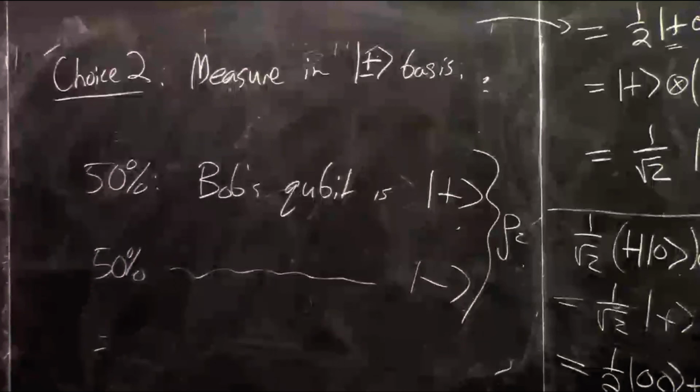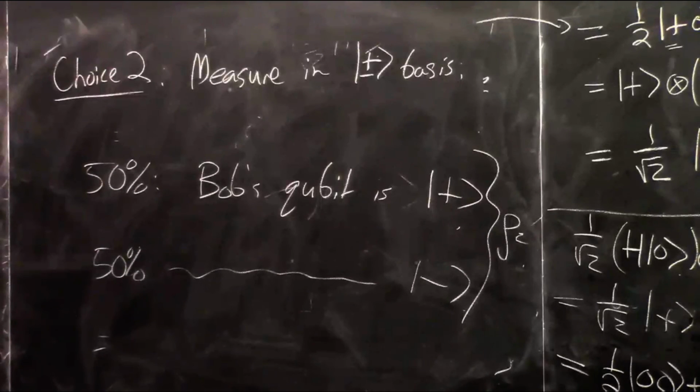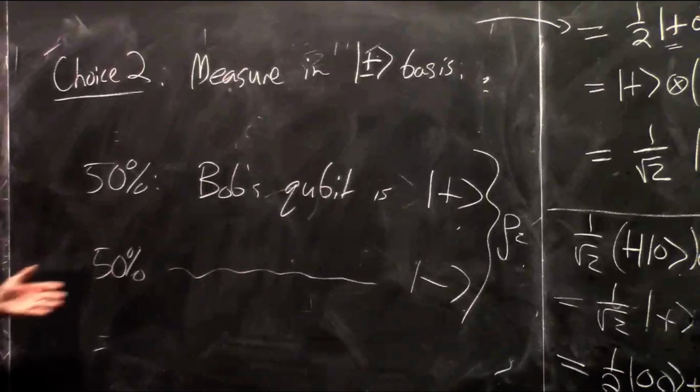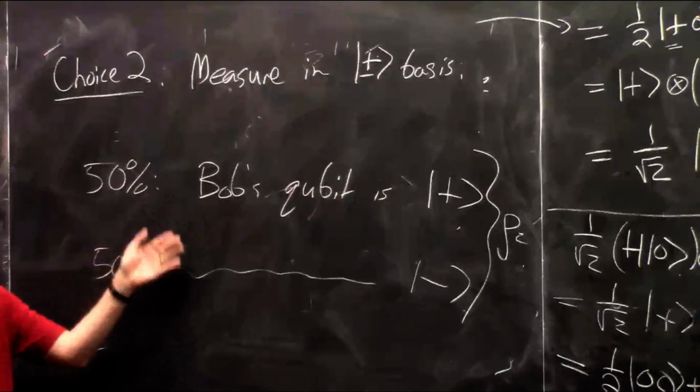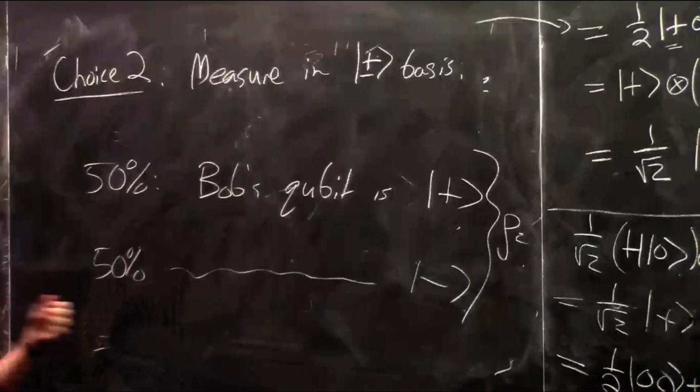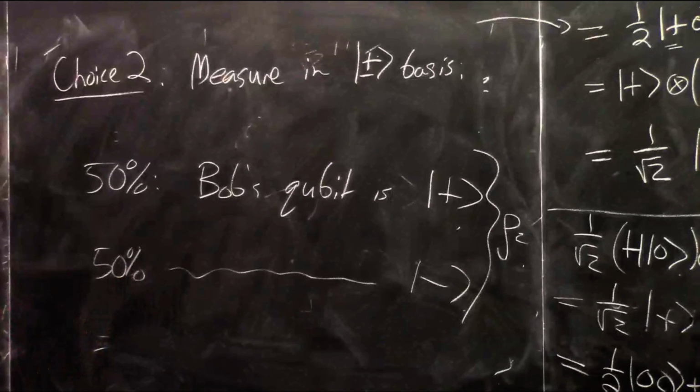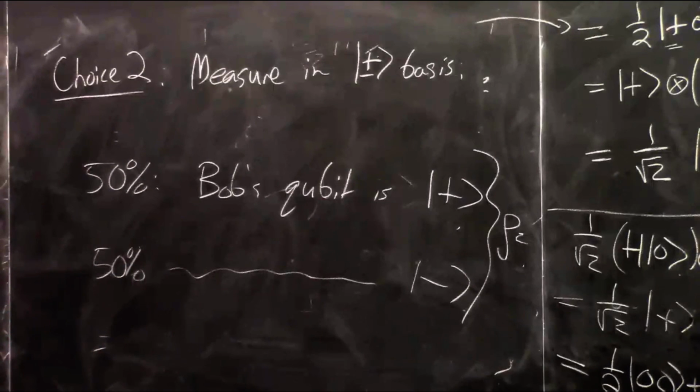Here, row 1 is a mixed state. Remember we talked a little bit about mixed states, right? It's a probability distribution over quantum states. And row 2 is also a mixed state. It's a probability distribution over quantum states. And they look very different. I did not use the same words here as I used here.